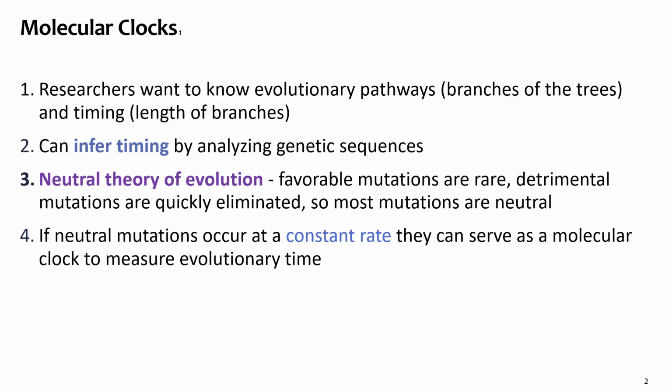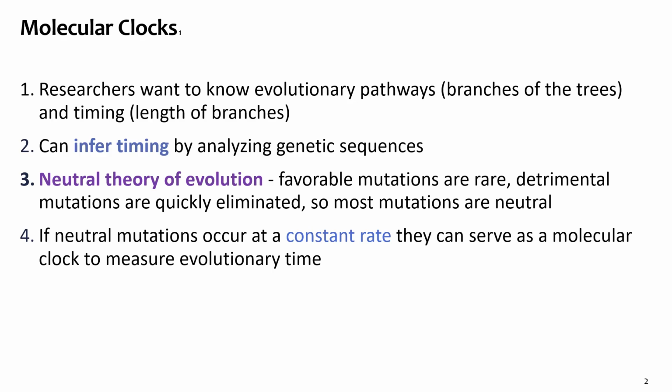And the neutral theory of evolution says that along with those accumulations of neutral mutations, those mutations also occur at a relatively constant rate or an average rate across many different organisms. So if neutral mutations are occurring at a constant rate, then they can serve as a clock, a molecular clock, by which we can measure evolutionary time.